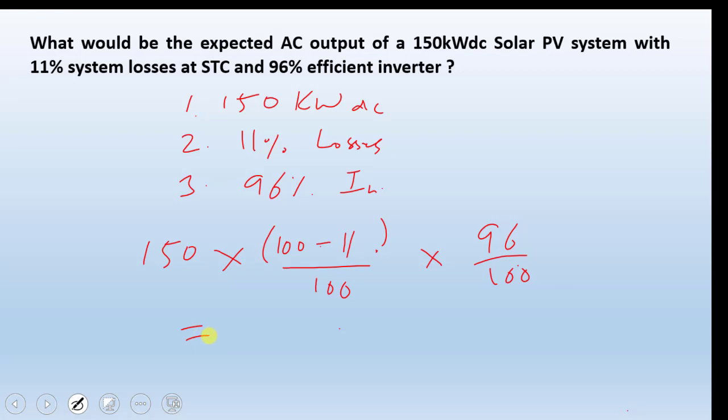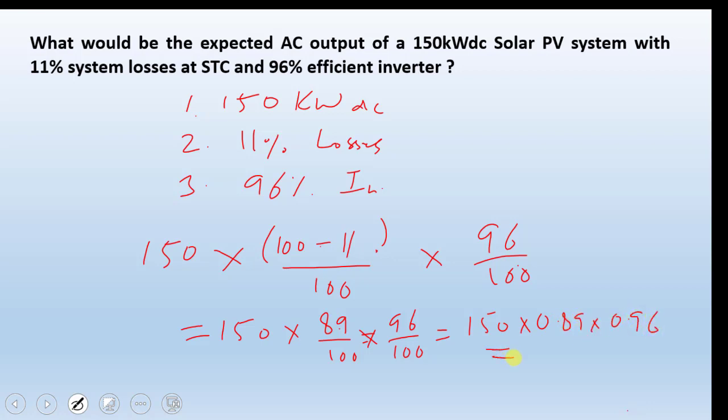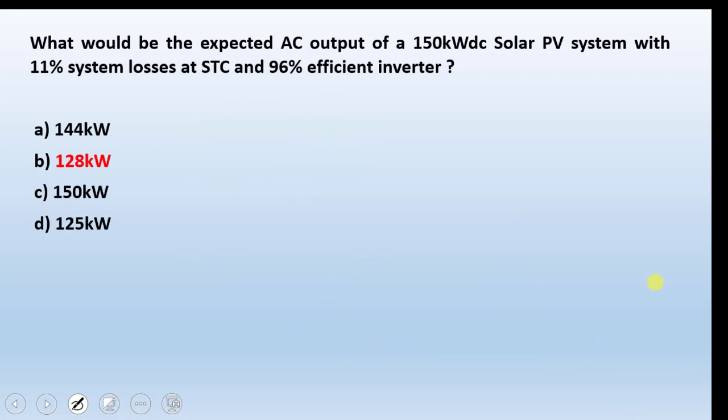So this comes out to be 150 into 89 over 100, sorry, into 96 divided by 100. And this becomes 150 into 0.89 into 0.96, and this is equal to 128.16 kilowatt. So the power produced shall be 128.16 kilowatt under the specific data given in the question. So our best answer is 128 kilowatt, and the rest of the data is not valid. So the answer is choice B, 128 kilowatt.